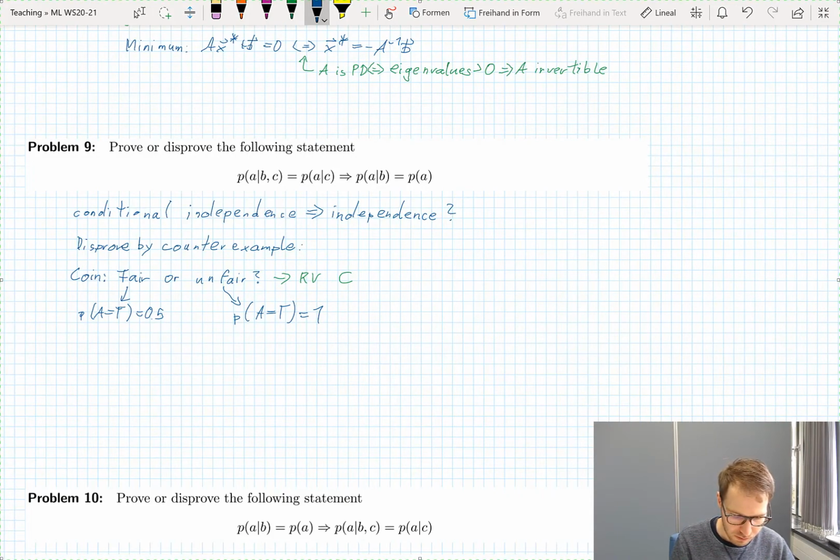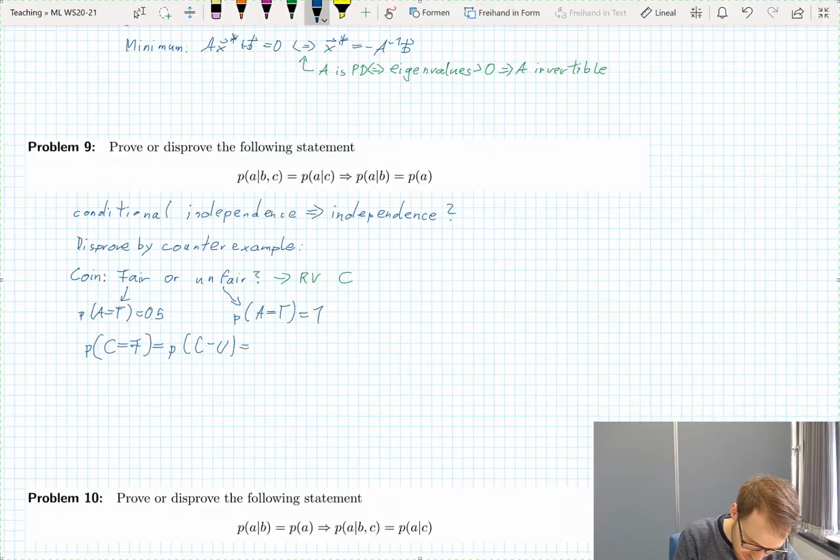Okay. So next, okay, we have these two different kinds of coins. So what's the probability of getting each one? So we say the probability of getting a fair coin is the same as the probability of getting an unfair one. So it is 0.5.